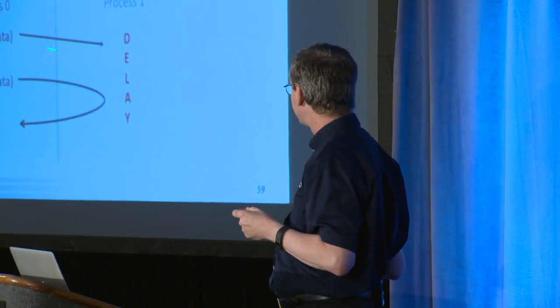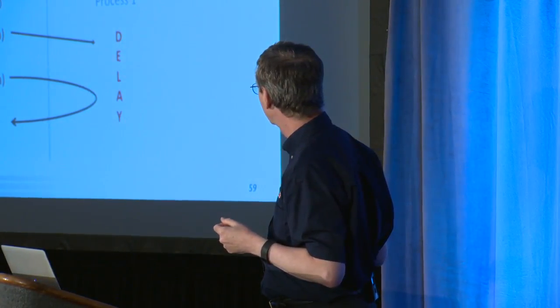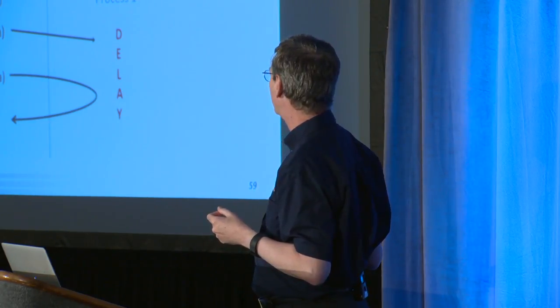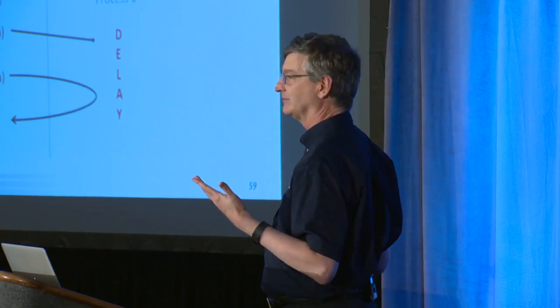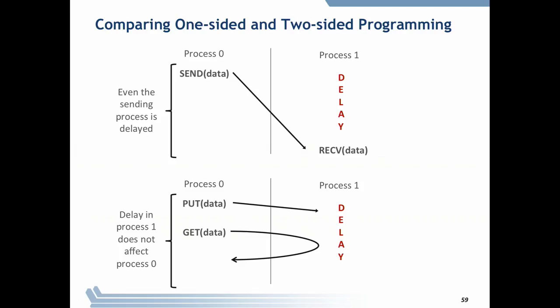At the same time, it means that anything that's going on here, say if there's a delay, if process 0 takes longer to get to the point where it's putting this data, that doesn't affect process 1 because it's not synchronized with it. So here, if process 1 is waiting to receive data, if process 0 is late to the send, then process 1 will just be waiting around for that send to happen. And so the one-sided communication helps decouple the data movement from the synchronization.